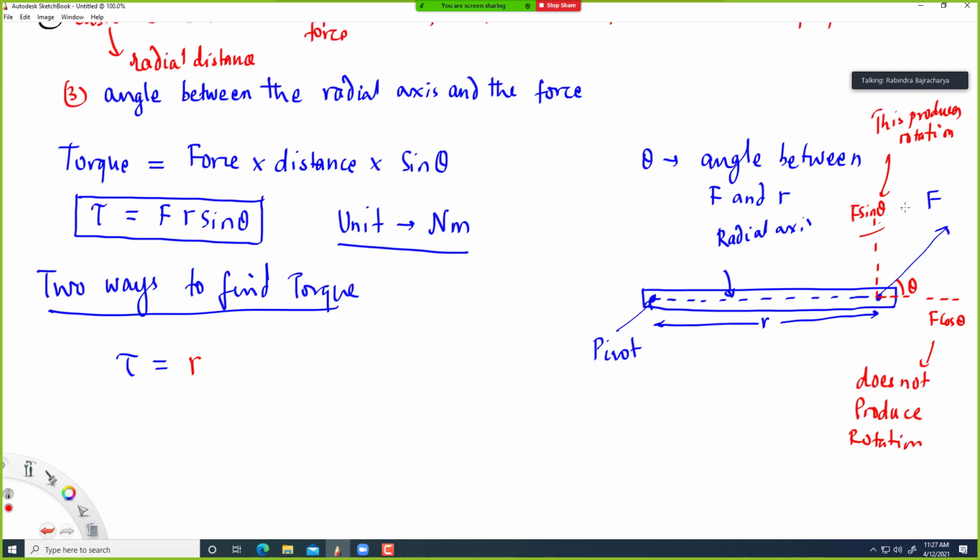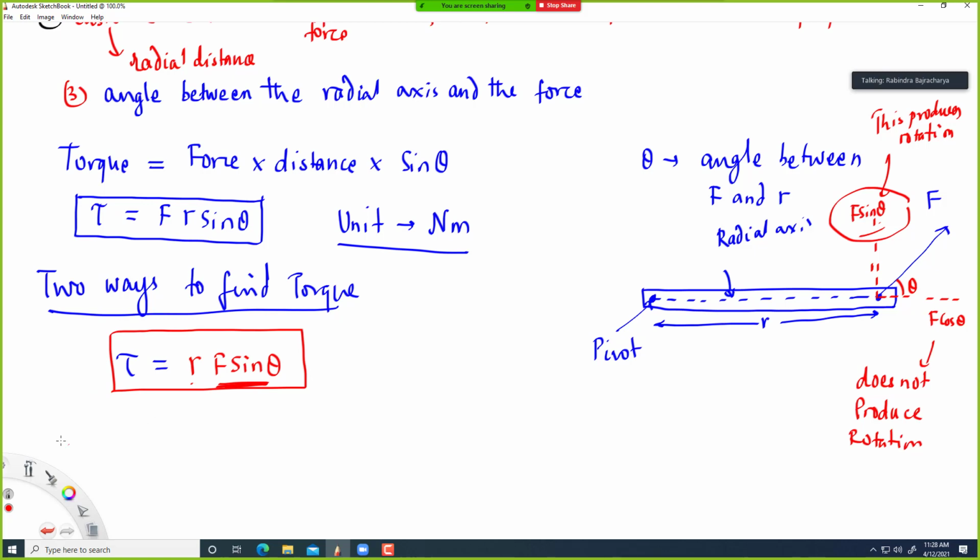Okay. So this, F sine theta. Okay. So that's one way. Again, split the force into two components, this component and that component, and see which component produces the rotation. So the distance between the force and the pivot times that component gives us the torque.